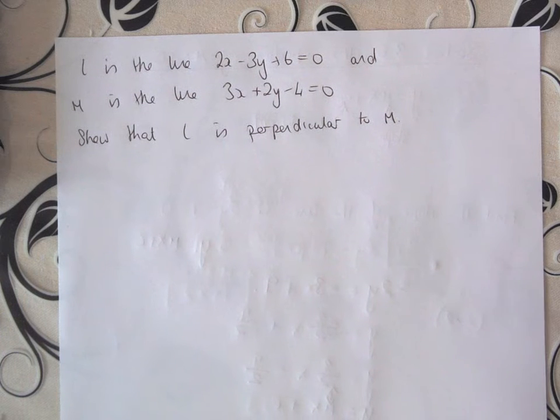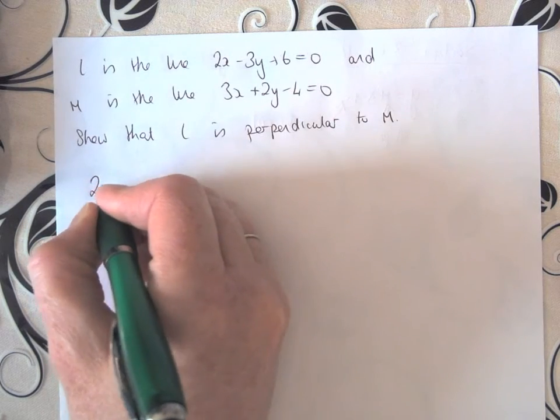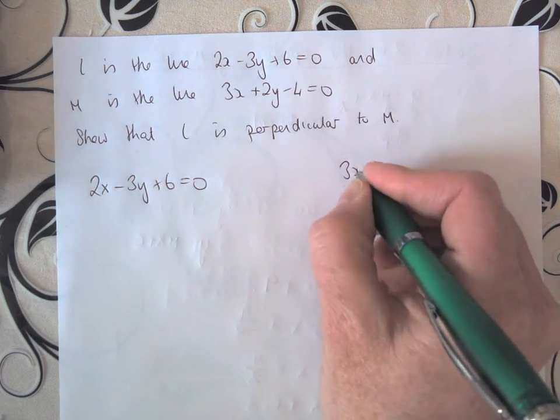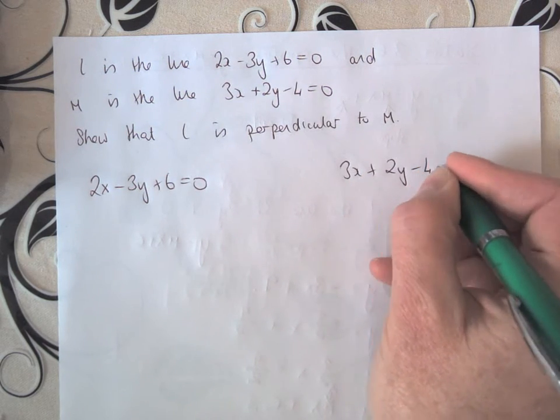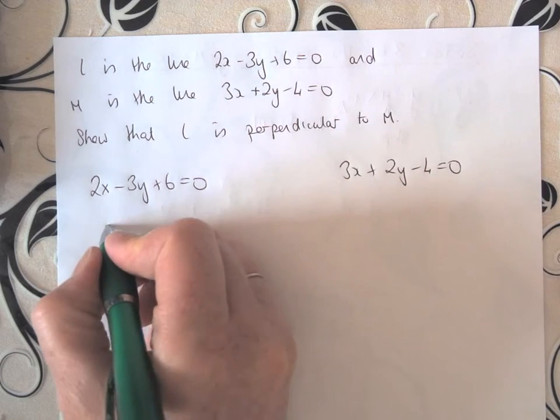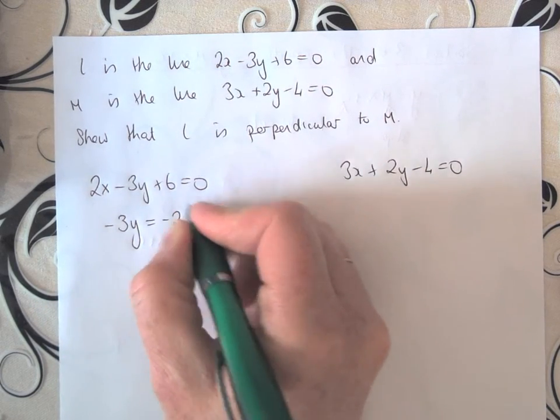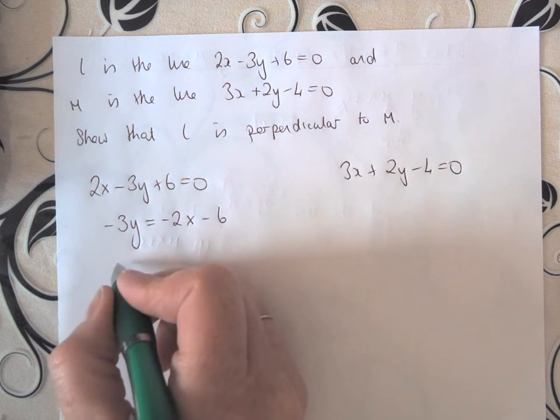Another example. L is the line 2x minus 3y plus 6 equals 0, and m is the line 3x plus 2y minus 4 equals 0. Show that L is perpendicular to m. So we need to get the slope of each line. Keep the y, bring over the other numbers. Don't forget when you bring them over they change sign.